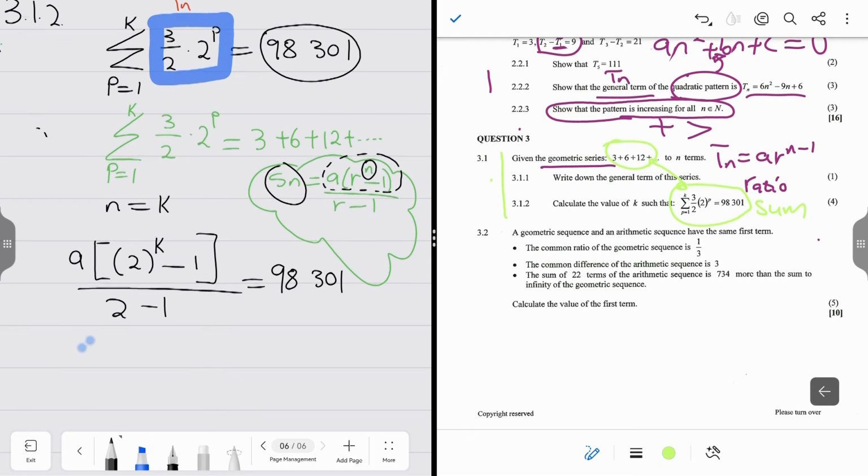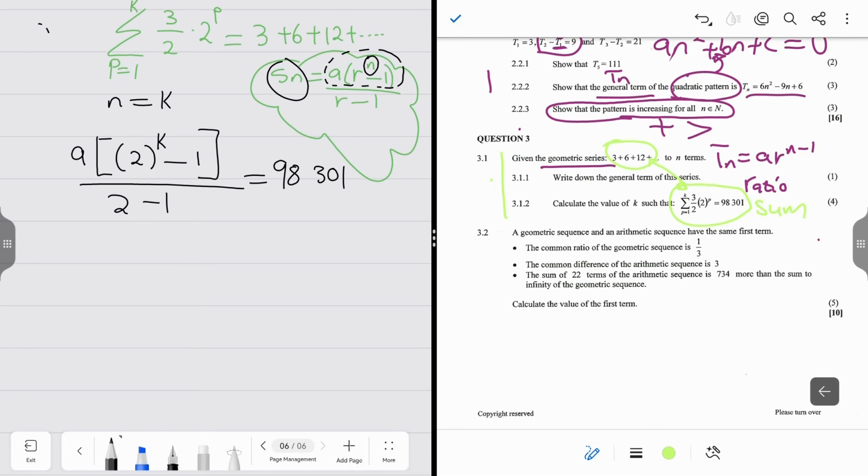After having this, we substitute everything. Our value of a we already know is 3, because that is the first term. So it's 3 multiplied by the rest. The 2 minus 1 will give us 1, so that we can leave.